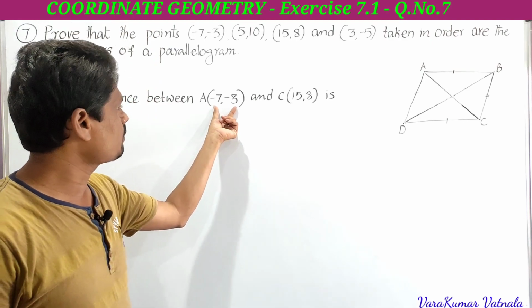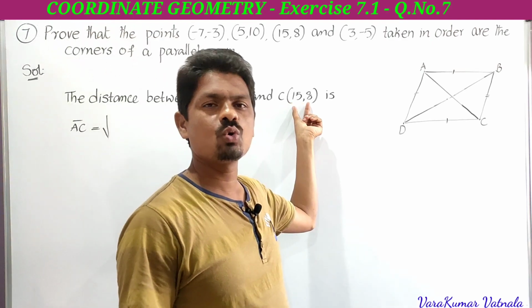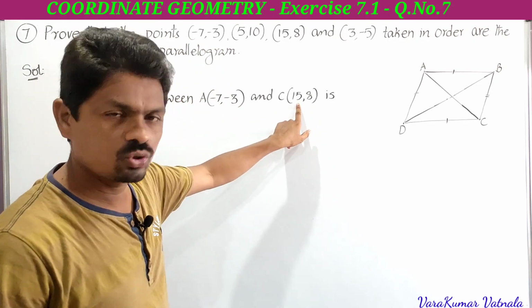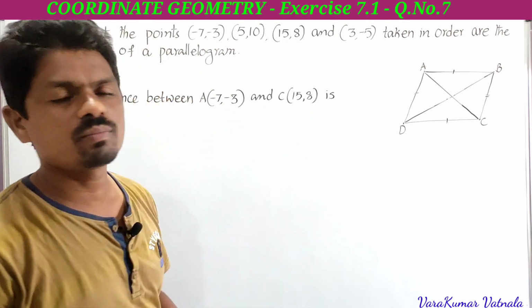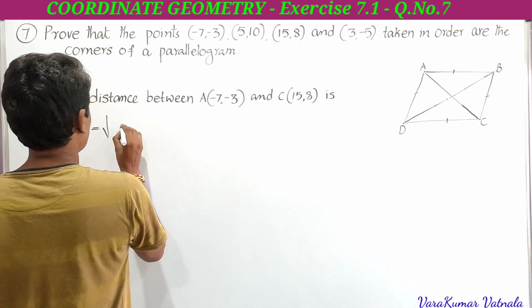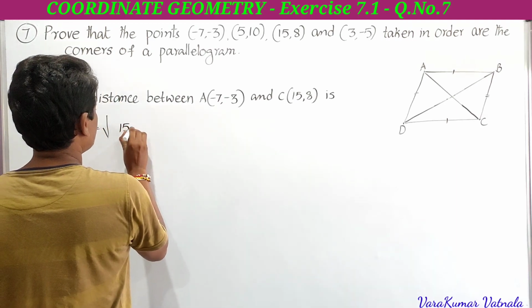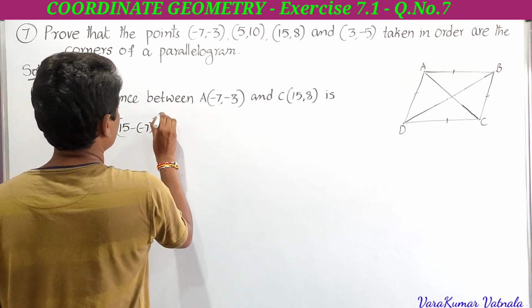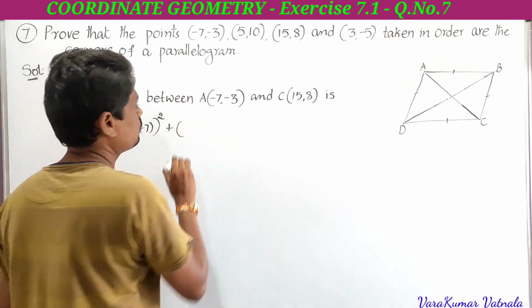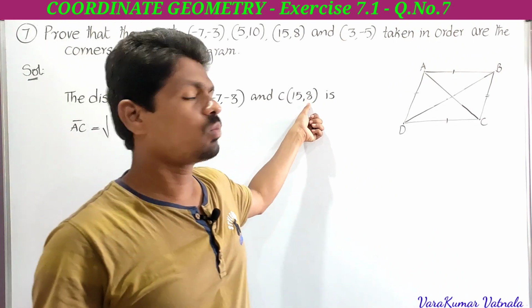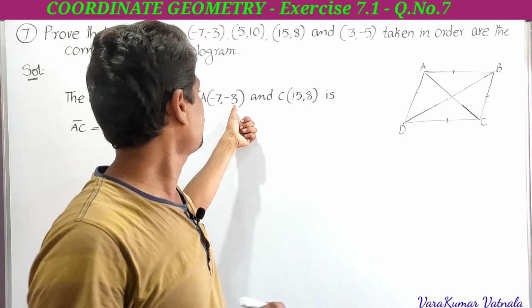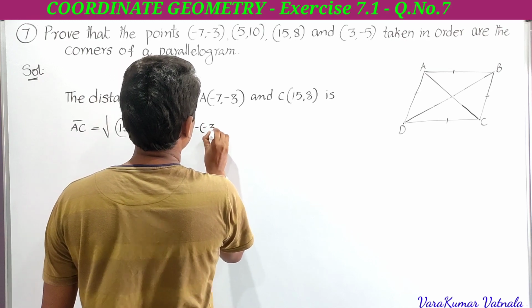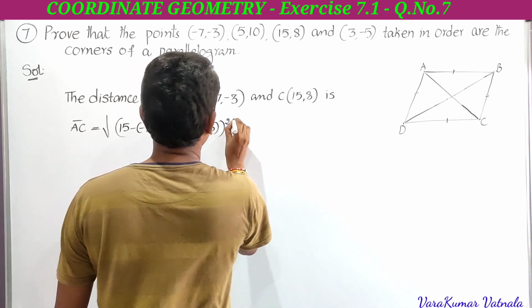Let it be x1, y1 and x2, y2. So x2 is 15, x1 is minus 7, so 15 minus of minus 7 whole square, plus y2 is 8, y1 is minus 3, that is 8 minus of minus 3 whole square.